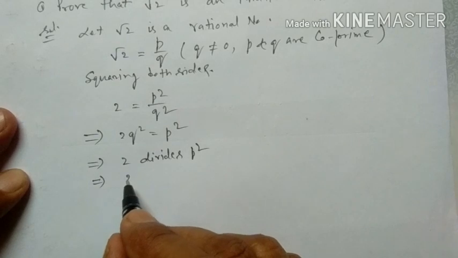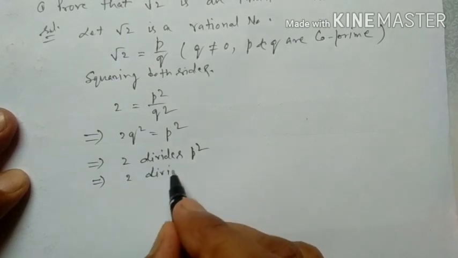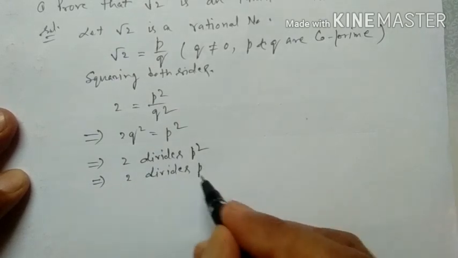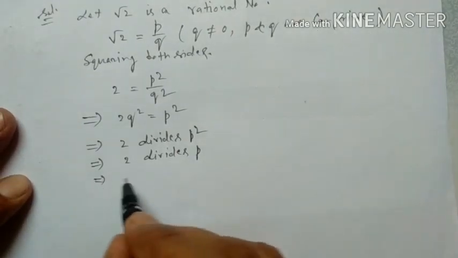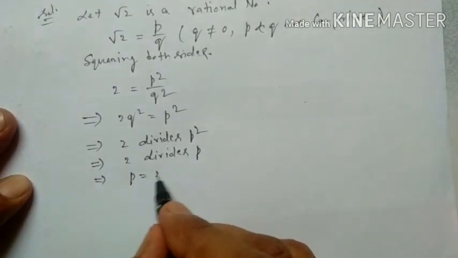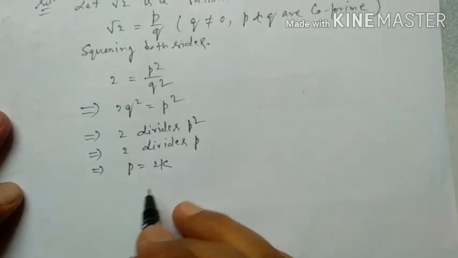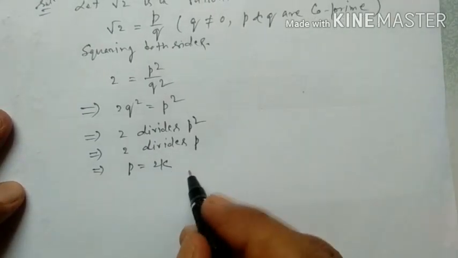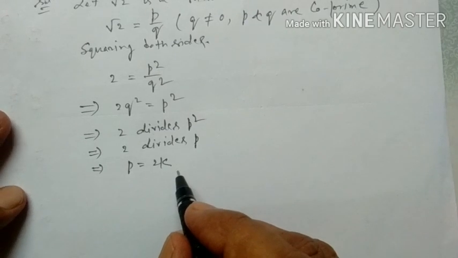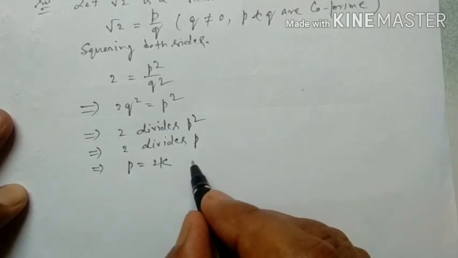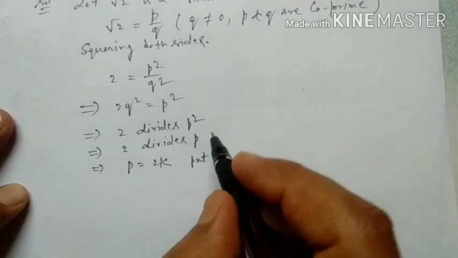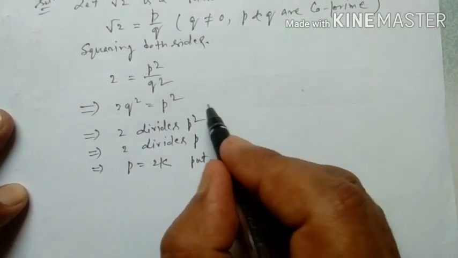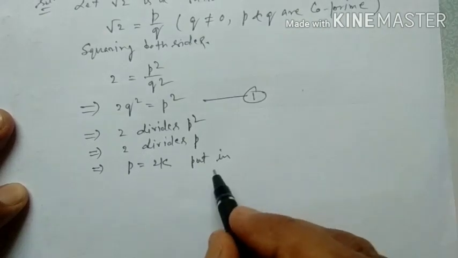Then this implies 2 divides p also. And let's suppose p equal to 2k, where k is constant, and suppose this is equation number 1.